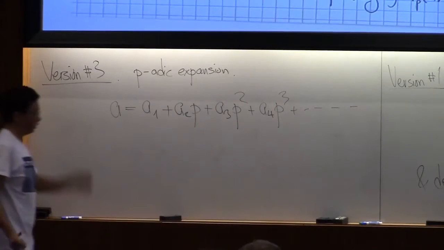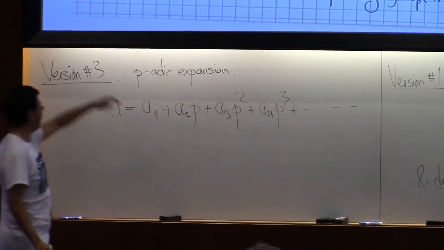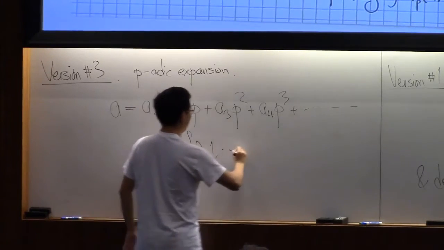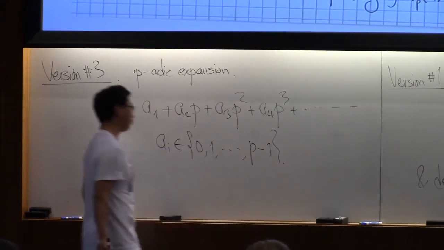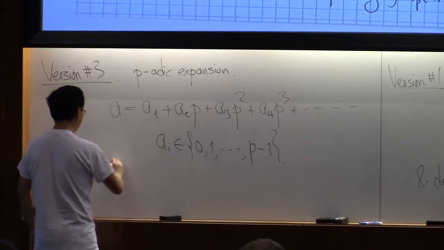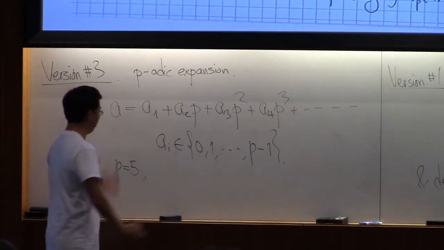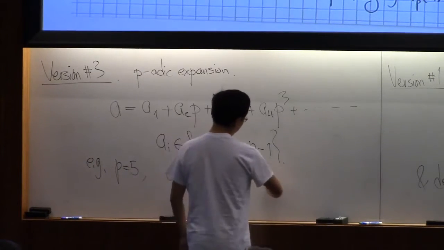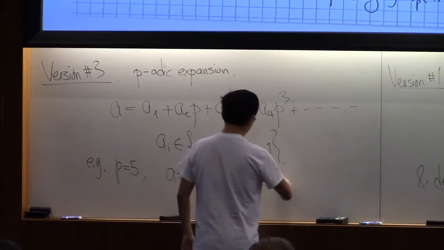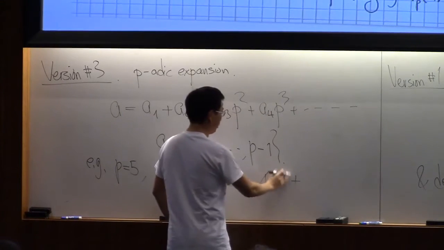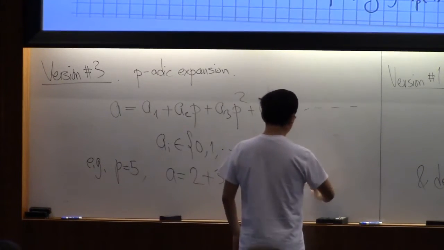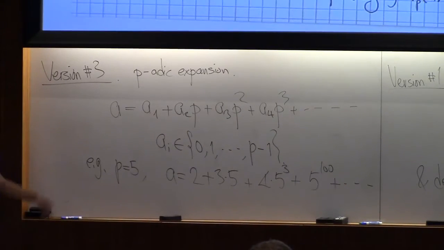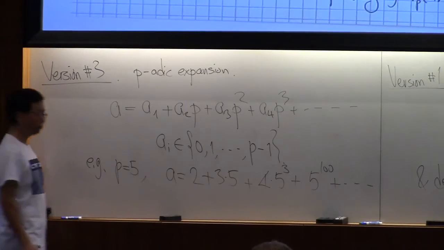A p-adic expansion of a p-adic integer is just written like this, where these a_i's belong to 0, 1, all the way to p-1. So for example, p equals 5, I can go like some number a equals 2 plus 3 times 5 plus, I can skip 1, which is the 0, and then keep going. So that's a 5-adic number, for example.